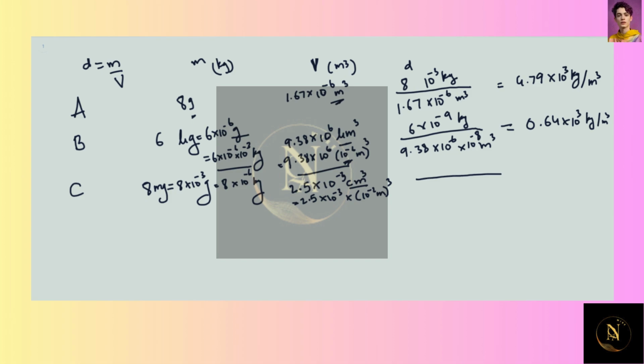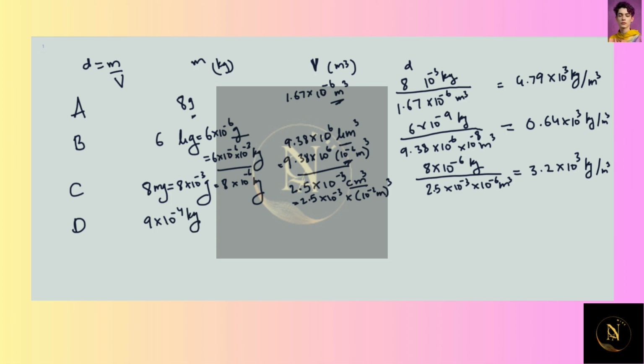Now the mass would be 8 times 10 power minus 6 kilograms divided by the volume, 2.5 into 10 power minus 3 into 10 power minus 6 meter cubed, which turns out to be 3.2 into 10 cubed kilogram per meter cubed. Now for option D, the mass is 9 into 10 power minus 4 kilogram.